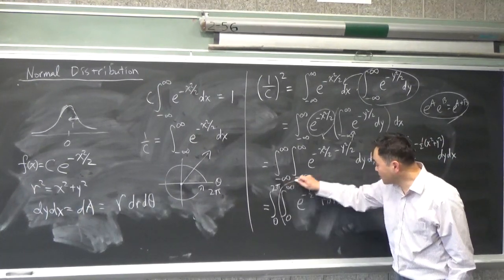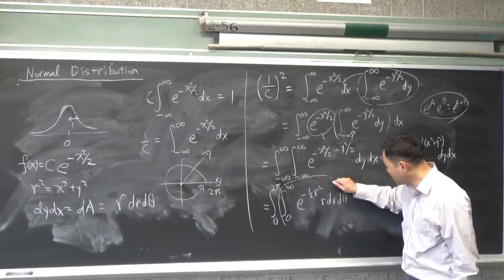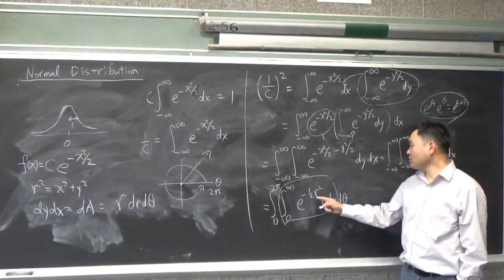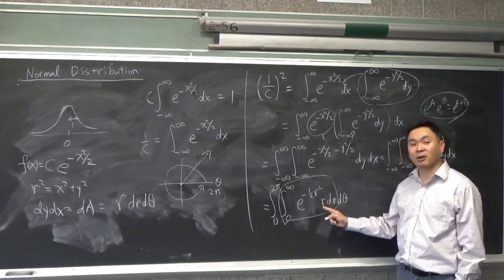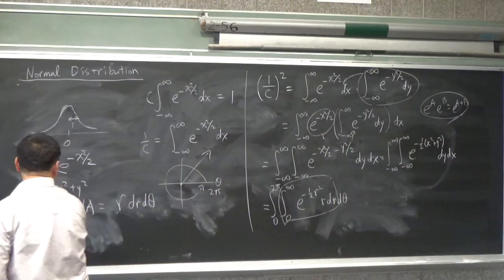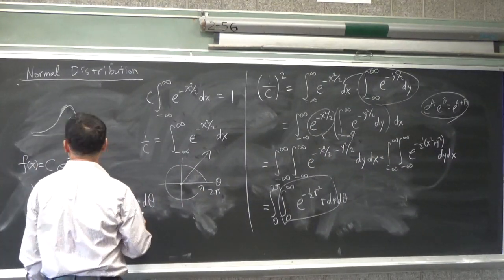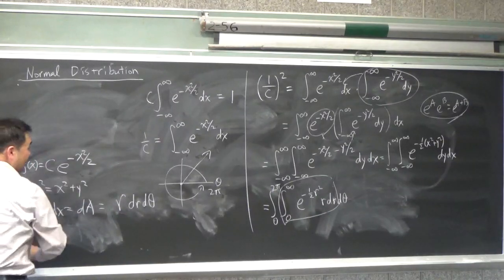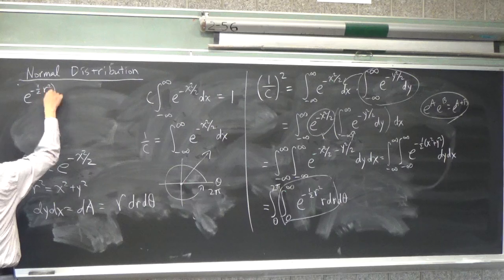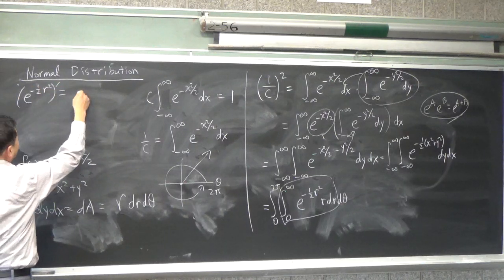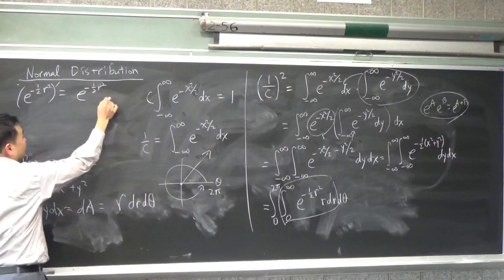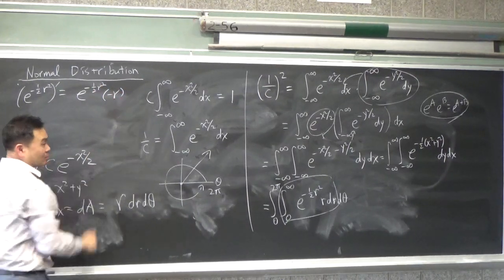Now this integral is easily done because, look, if you differentiate the inside function, you get negative r, right? I don't want to erase this, so I'll erase here. If you take e to the negative 1/2 r squared and you differentiate by r, this doesn't change, but then when you differentiate the inside function, that becomes negative r.